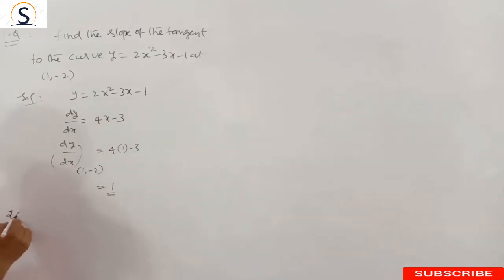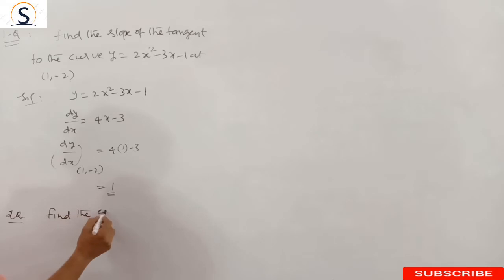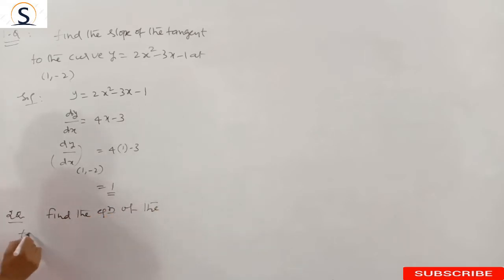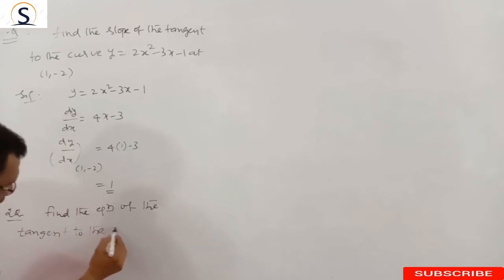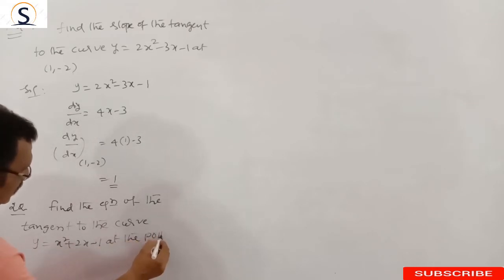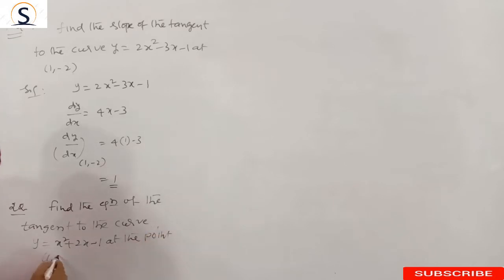Okay. Next, the second question is, find the equation of the tangent to the curve y is equal to x square plus 2x minus 1 at the point 1 comma 2.